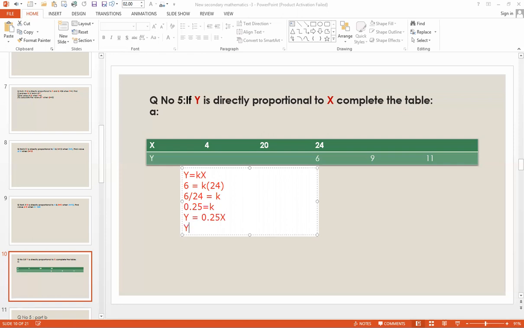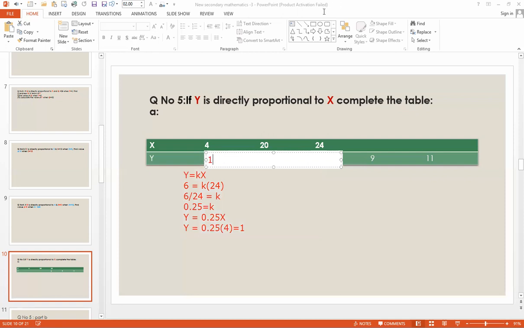So we have to write y is equal to 0.25, and within a bracket I have to write 4, and when I multiply 4 with this, I will get 1, because if we have 4 portions and we combine all the 4, we will get the whole. So here, when x is equal to 4, the value of y is equal to 1. So I have to put 1 here.